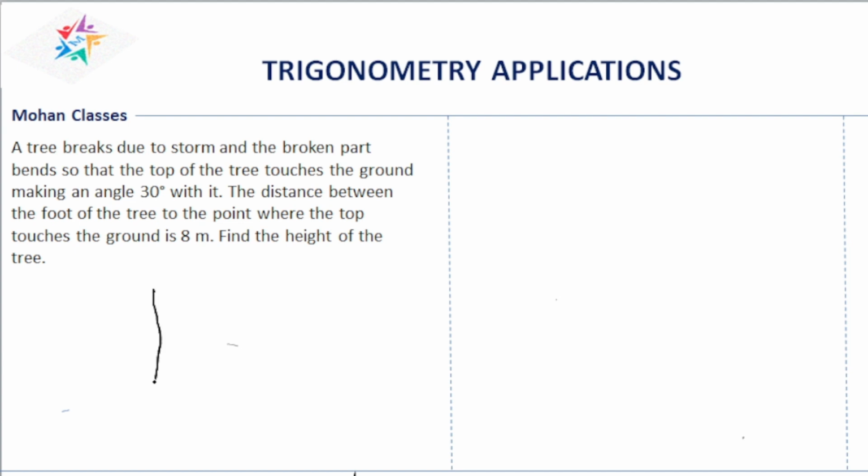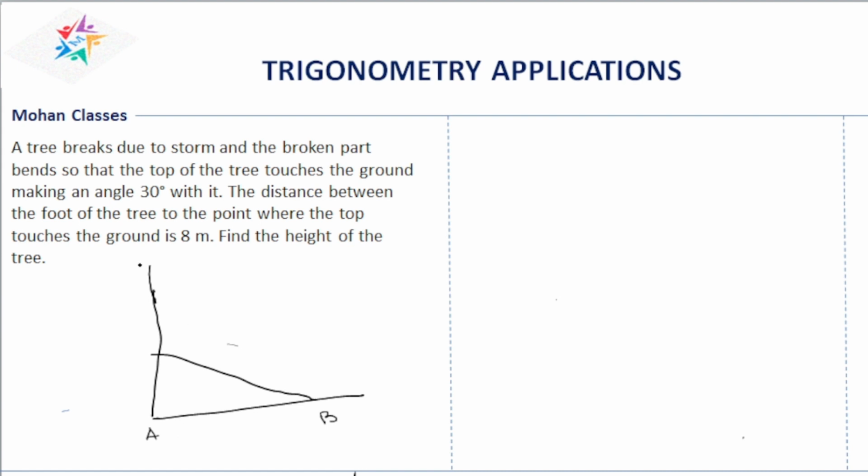It is the height of the tree. It is the ground level. Okay. So here, let us take it as A, and here the tree got broken and touches the ground like this at B. So it will be the same height only, na? The same height should be there.